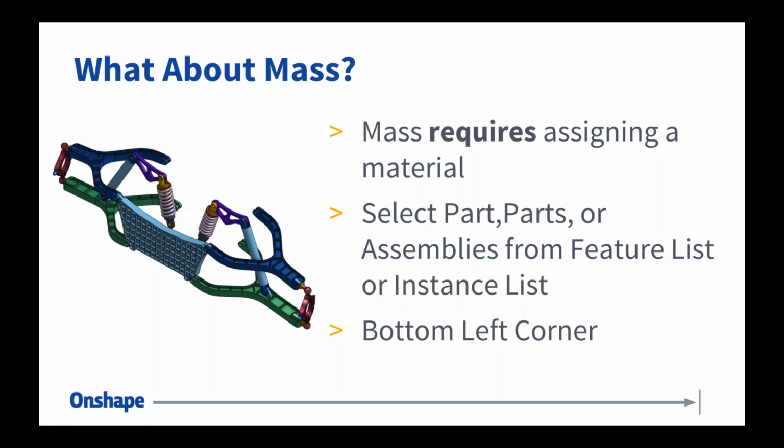In fact, if you select a whole bunch of parts, or you select an assembly, and one of the parts does not have a material assigned, you'll get a notice in mass properties telling you one or more parts does not have materials assigned. So it's a very important step if you're trying to figure out how much your design weighs, of course, to apply a material. Now, I'm going to go through applying a material in a second.